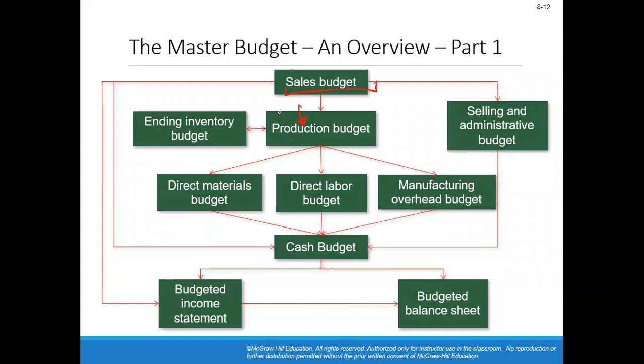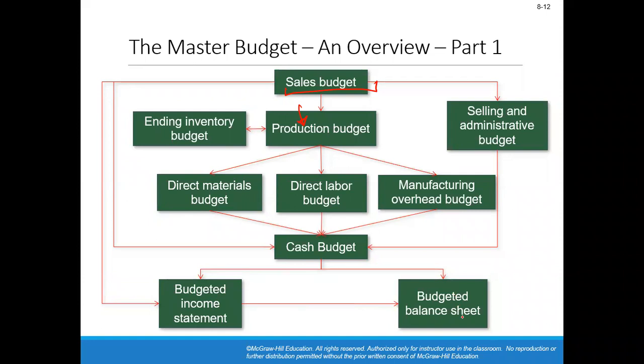Okay. But if the company is a producing company or a manufacturing company, after the production budget there will be the direct materials budget, direct labor budget, manufacturing overhead budget, ending inventory budget, and altogether they will enable me to complete the master budget. All budgets here will help me to prepare the cash budget, and the cash budget will finally help me to prepare the budgeted income statement and the budgeted balance sheet.